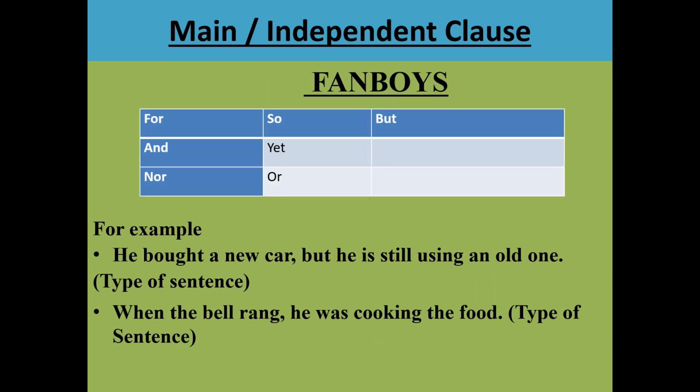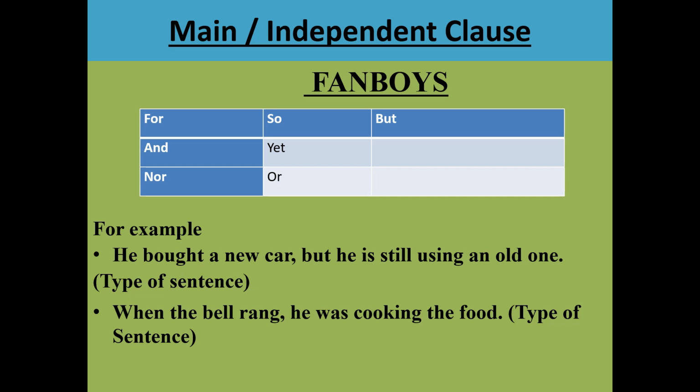Moving on, we have written some examples of main clauses and independent clauses here. Here are your FANBOYS. He bought a new car but he is still using an old one. Which type of sentence is this? When the bell rang, he was cooking the food. Which type of sentence is this? If we look, this is an independent clause, and this is again an independent clause. Why? Because this is beginning with a coordinating conjunction.